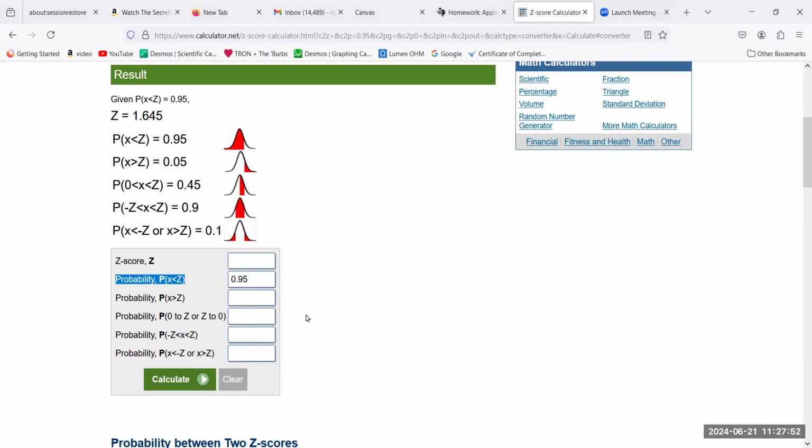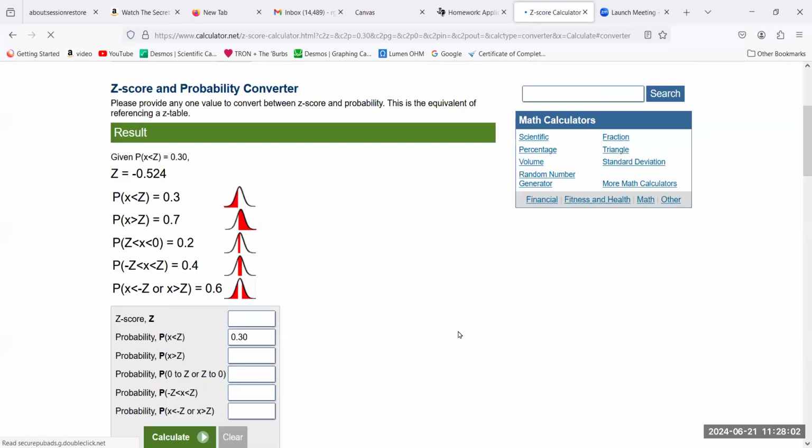So ignore that it has x's, just pay attention. It's a probability and a less than probability. So we put in our 30, hit calculate, and what we get is that the z-score that represents that area is negative 0.524.